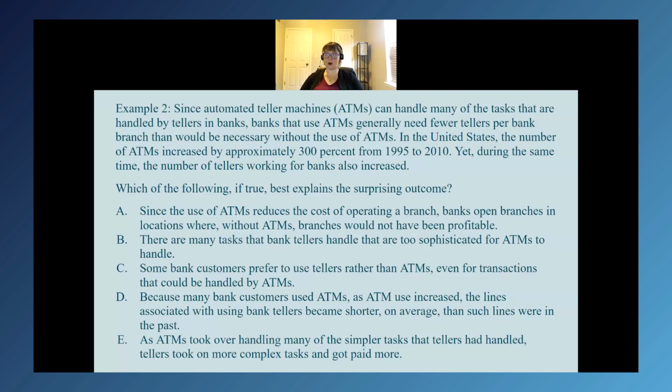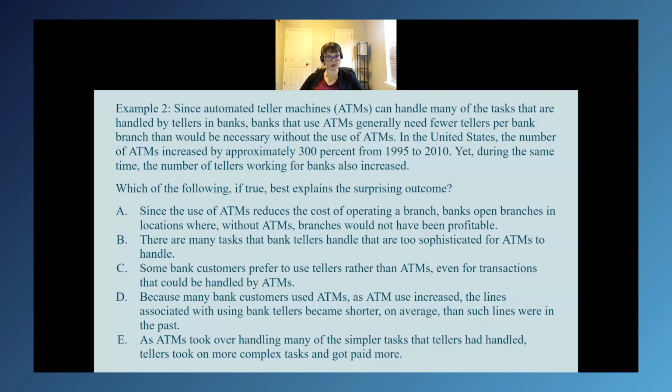So even if there are many tasks that the bank tellers handle that are too sophisticated for ATMs, perhaps the ATMs could still take the less sophisticated tasks off of the bank teller's plate enough that they would have more dedicated time for sophisticated tasks, and in that case they could still reduce the number of tellers working, but it increased.